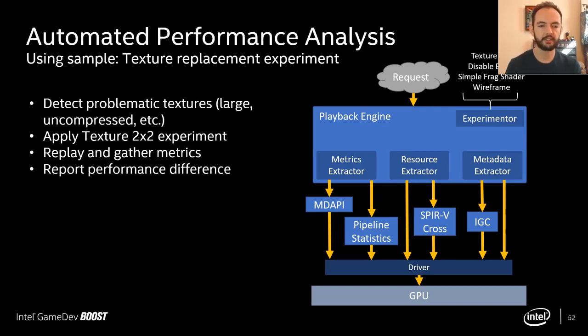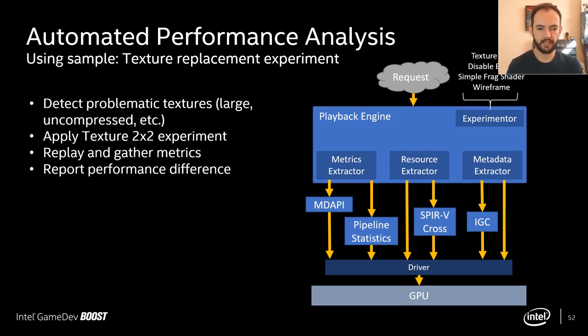But it's how can we act on this data? I think it would be really cool, and all of the things that you need for this are in the framework already, to be able to flag this type of resources like the textures, and then you can look at, for example, a 4K by 4K texture in a low settings playthrough.